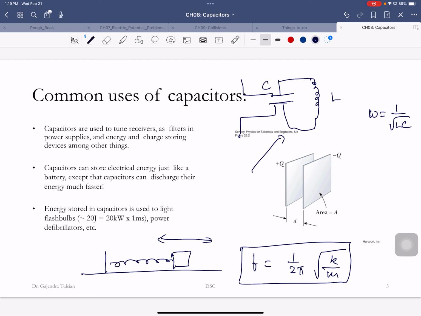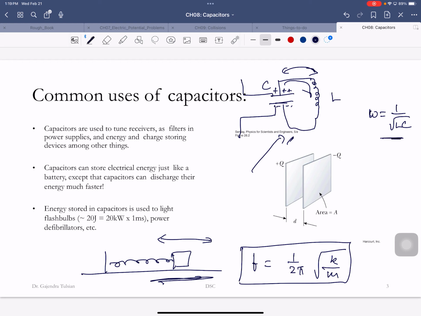So like I said, if you charge this capacitor, the current would oscillate back and forth, just like this mass would oscillate back and forth. And the frequency at which it would oscillate is that.